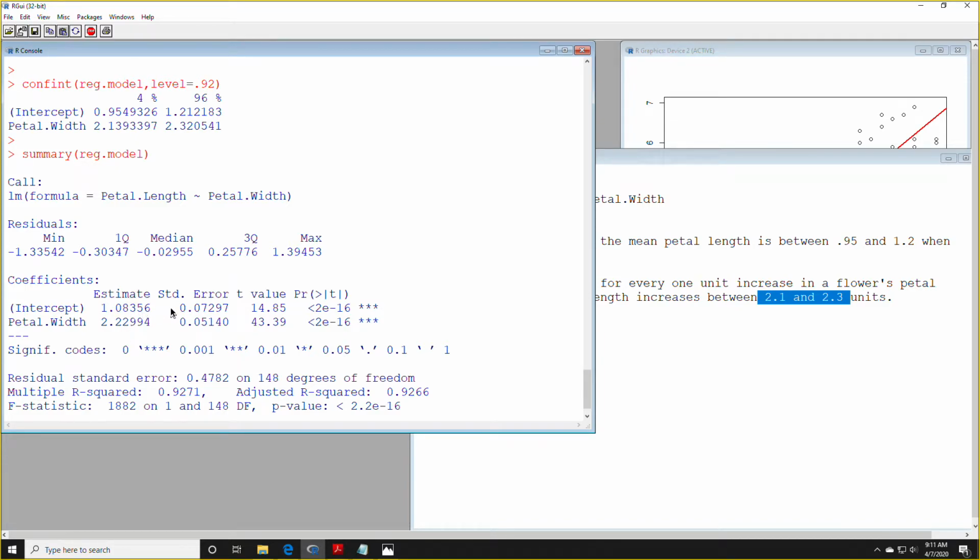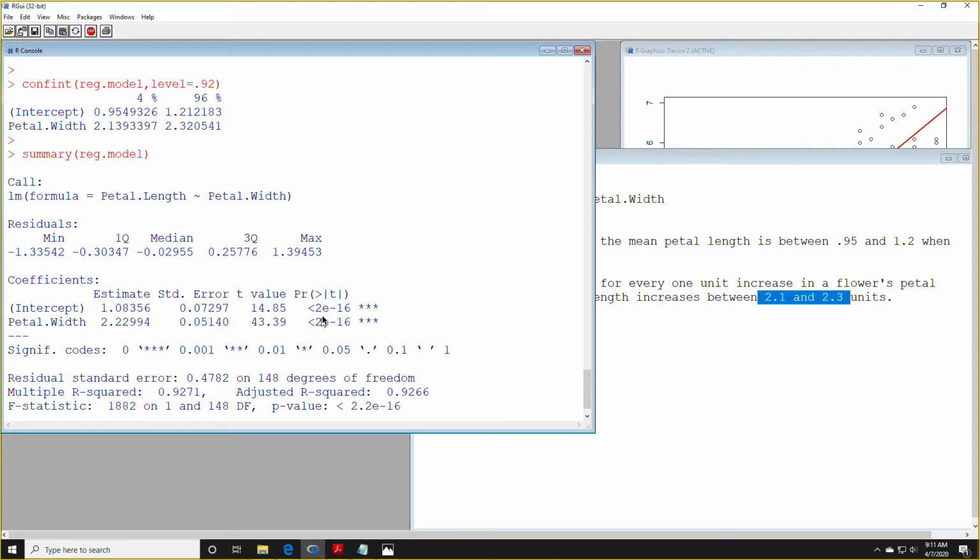And so the hypothesis test is over here. Remember this, it looks very similar, this funky probability greater than absolute value of t. Okay, before when we were looking at ANOVA, this said probability greater than f. Unfortunately it doesn't just say p-value, so you have to know what you're looking for. This is the p-value specifically testing whether beta naught is equal to 0, and this is the p-value for a completely separate hypothesis test that beta 1 is equal to 0.